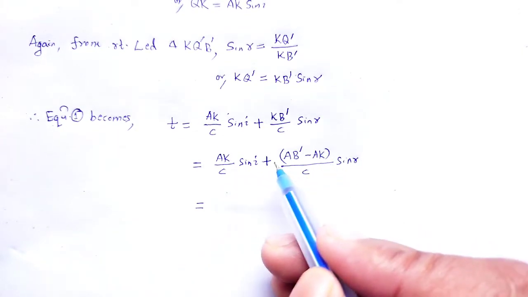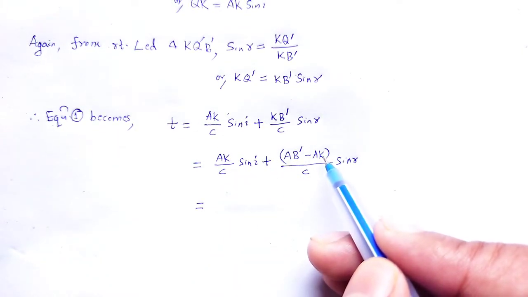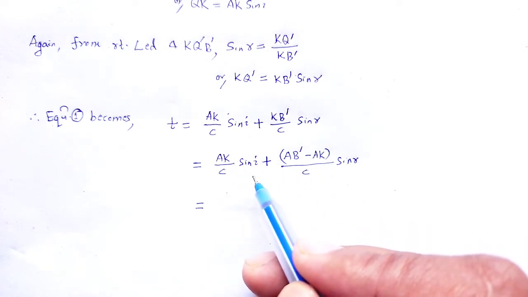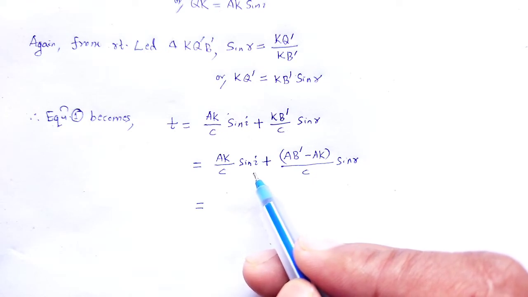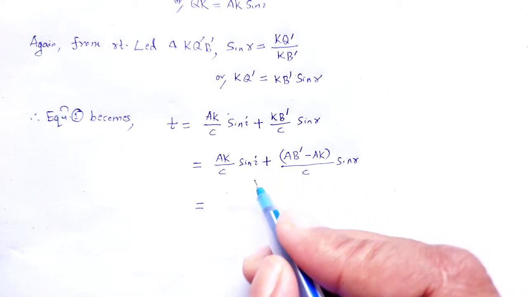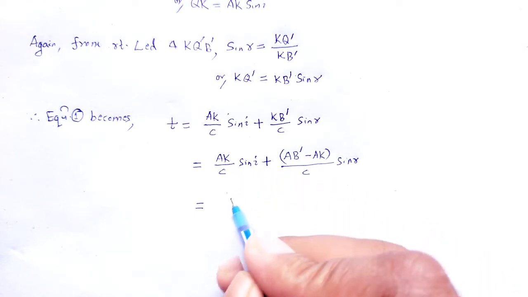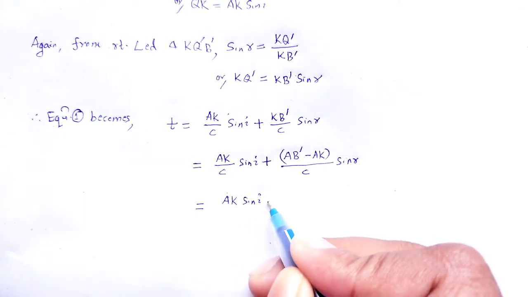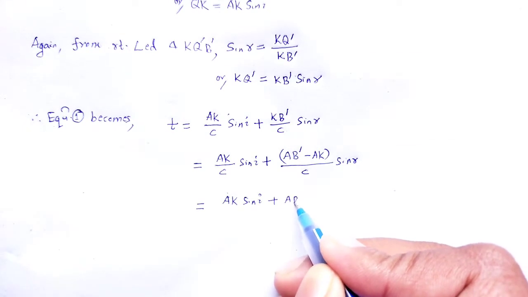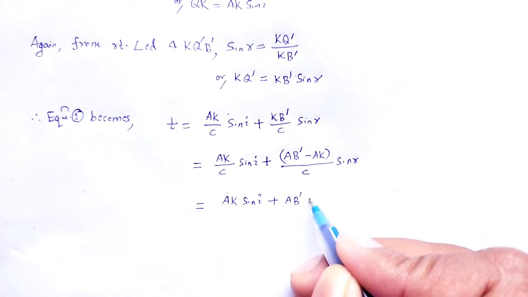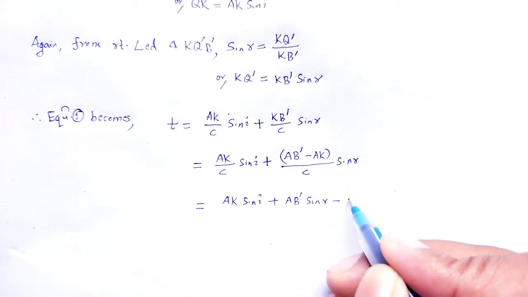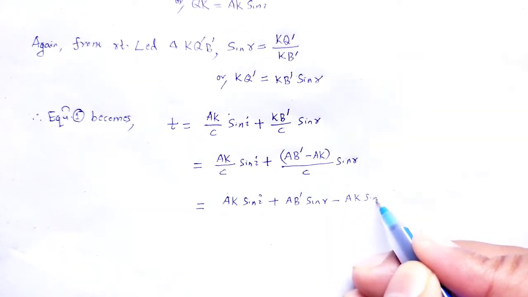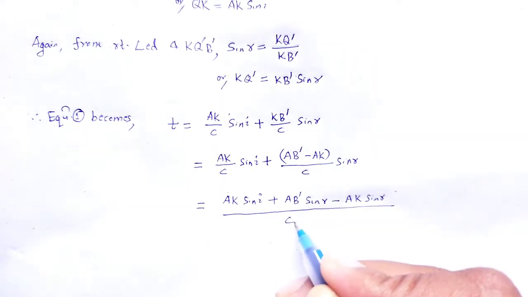Taking the LCM, we write the terms as AK sin I plus A'B' sin R minus AK sin R divided by c.